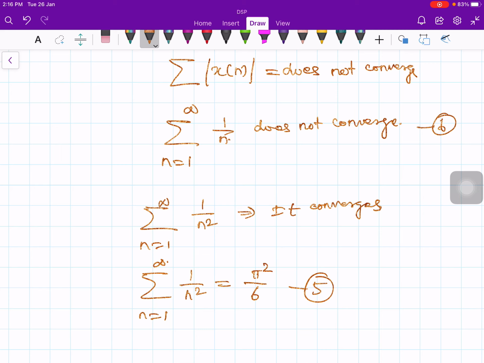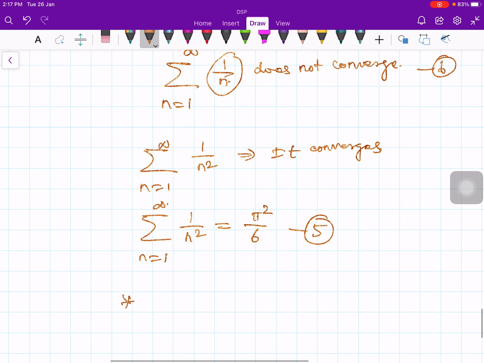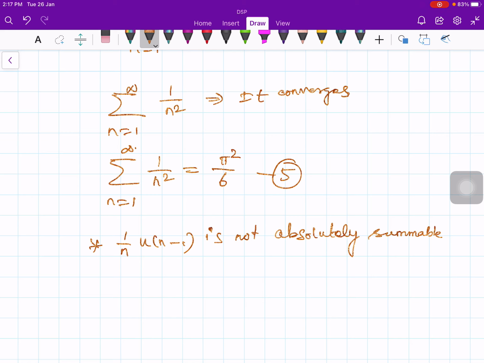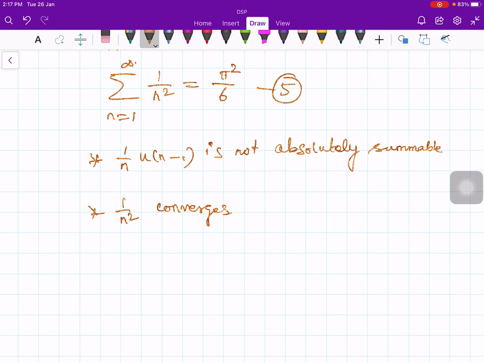Now obviously the sequence 1 over n is not absolutely summable. Therefore 1 over n times u[n-1] is not absolutely summable, but it has a DTFT, that is a beauty. But 1 over n squared converges. So this is a counter example showing that absolute summability of x[n] is not a necessary condition, it is only a sufficient condition.